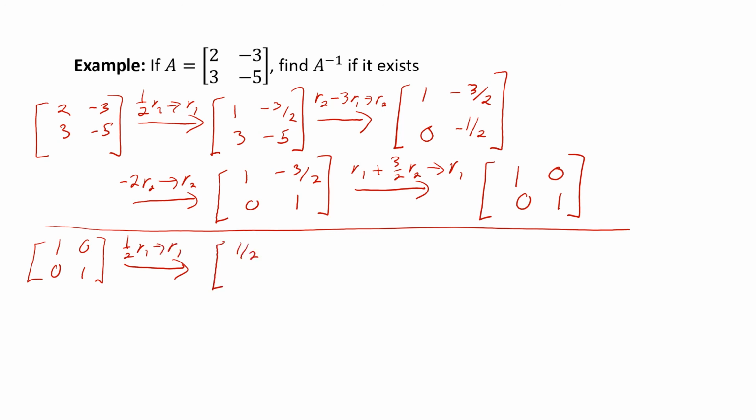Gives us 1/2, 0, 0, and 1. The second row operation we did above was row 2 minus 3 row 1 is the new row 2. We get row 1 stays the same. Then we get minus 3 over 2 and 1.